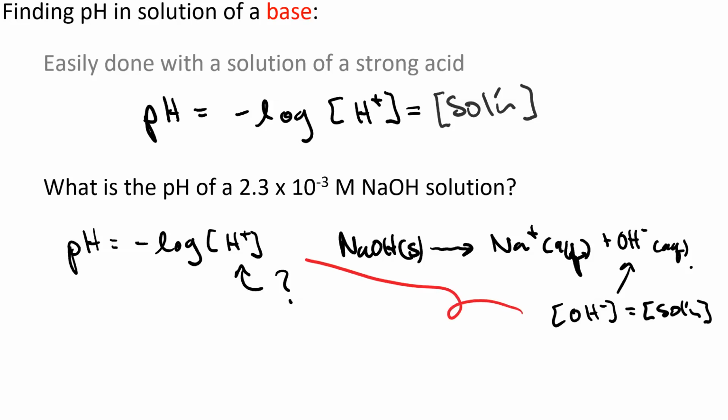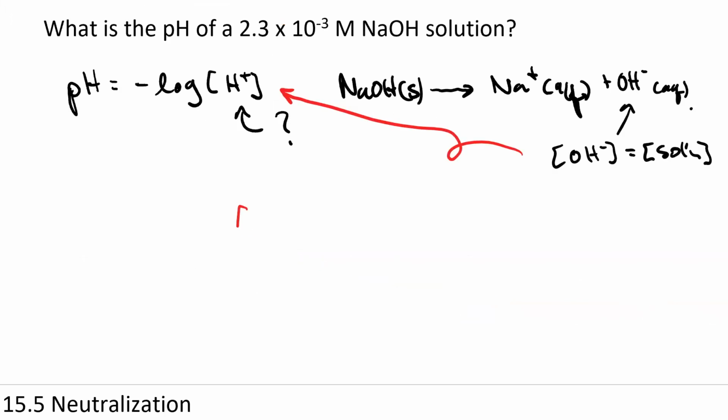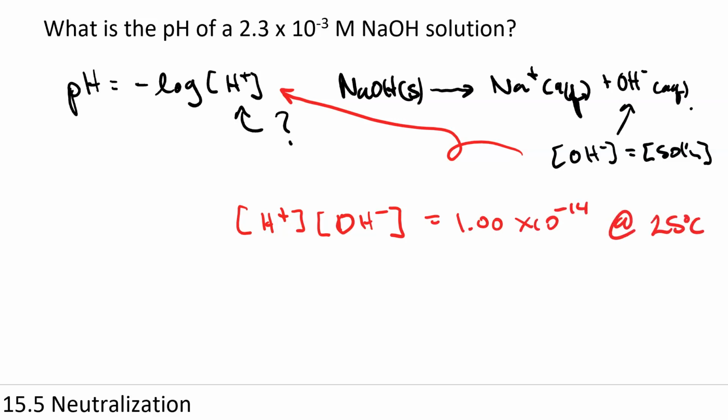But how can I then relate the concentration of hydroxide to the concentration of hydrogen ions? The answer is that the concentration of hydrogen ions times the concentration of hydroxide ions equals 1.00 times 10 to the negative 14th at 25 degrees Celsius.